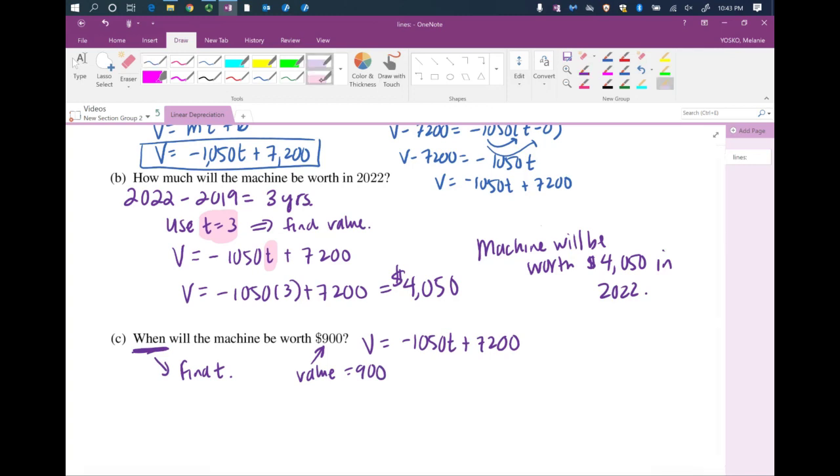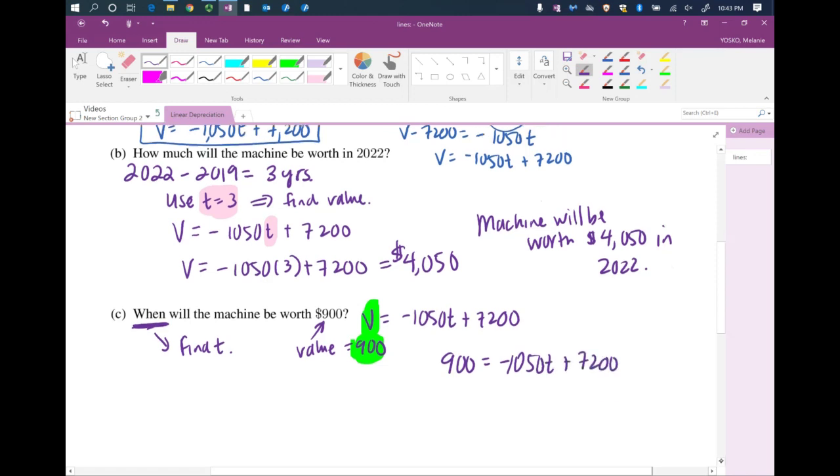Okay, so we're going to replace this v right here with 900. So 900 equals negative 1050t plus 7,200. We want t by itself, so we're going to subtract 7,200 from both sides, right? Does that make sense? So we get negative 1050t, and here we get negative 6300. Y'all check.